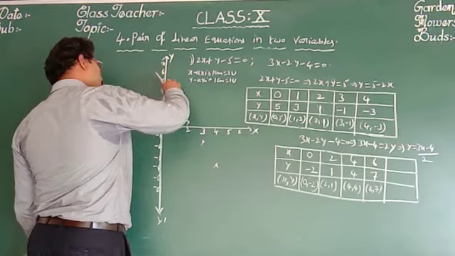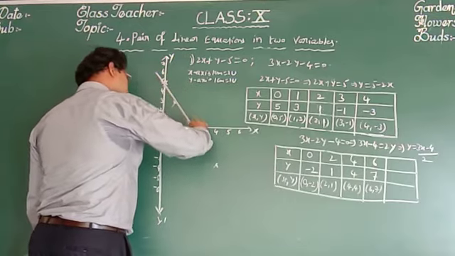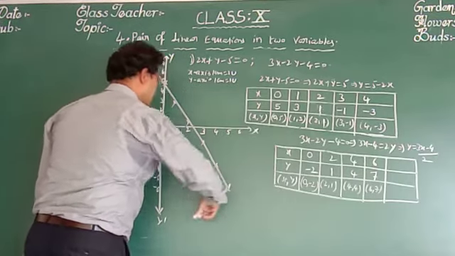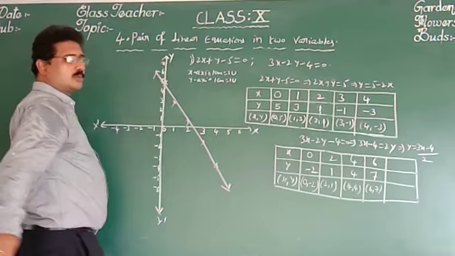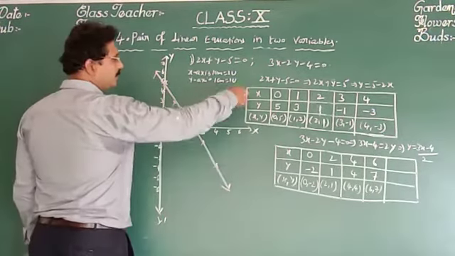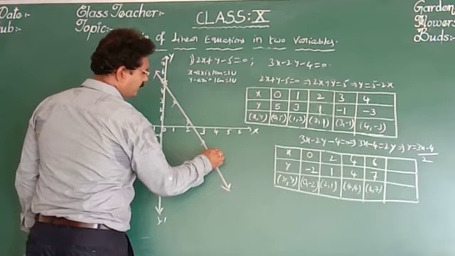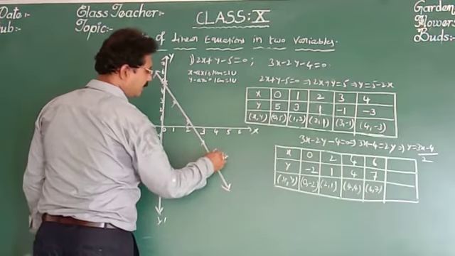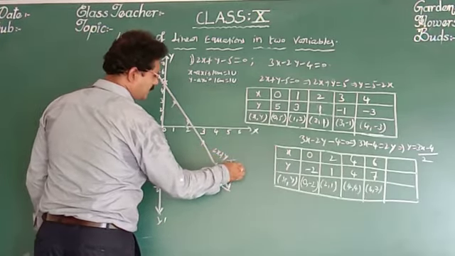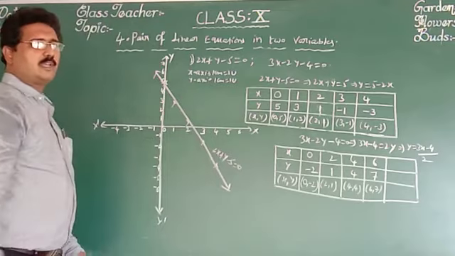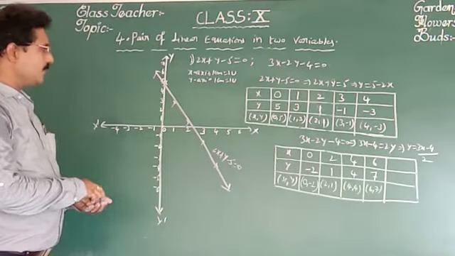Let us draw this graph. Now we have to keep arrows. That arrows are very important. What is the name of the first graph? 2x plus y minus 5 is equal to 0.